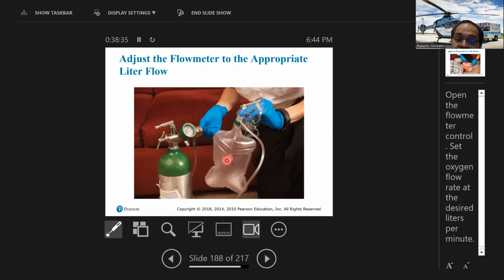How can you tell this is a non-rebreather mask? It's got a reservoir bag, and it should have one valve here and another one here. If it only has one, it's a partial non-rebreather mask. If it's got two, it's a full non-rebreather mask.